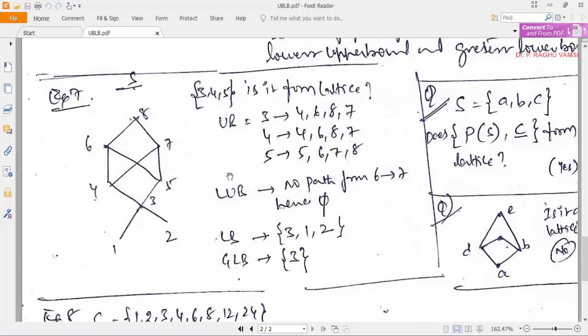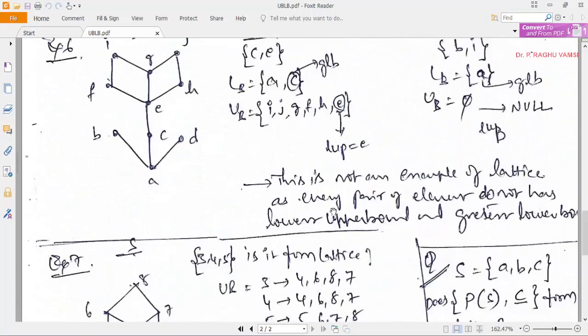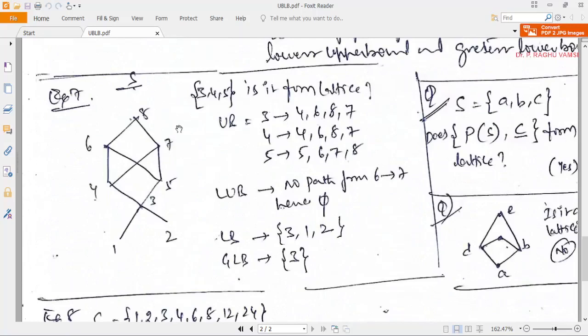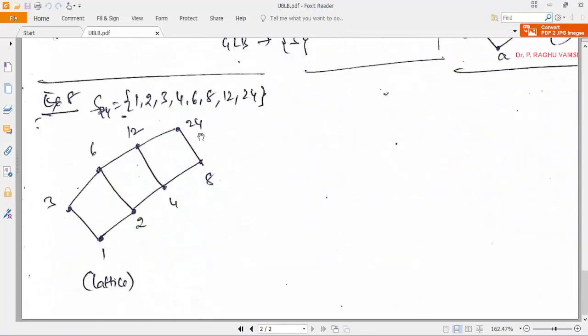According to the definition of a lattice, a Hasse diagram can be considered a lattice if for every pair of elements there is a greatest lower bound and a lowest upper bound. In this example 7 case, this is not satisfied. Hence, example 7 will also not represent a lattice.